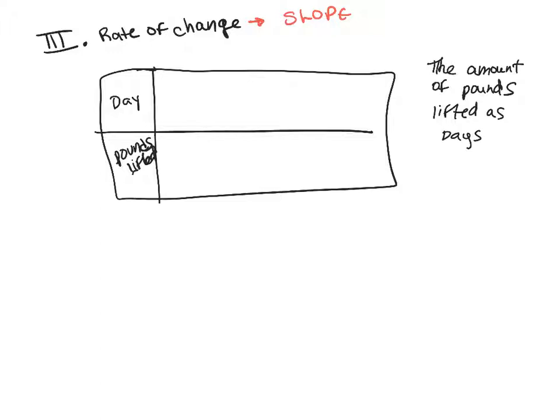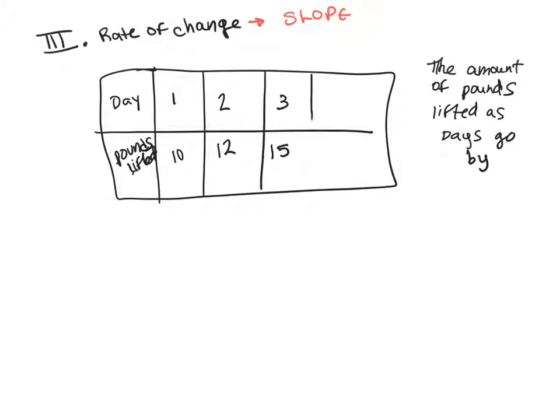So we get stronger and stronger. Day 1, we lifted 10 pounds. Day 2, we lifted 12 pounds. Day 3, we felt really good and we lifted 15. Day 4, we were even stronger and we lifted 20.